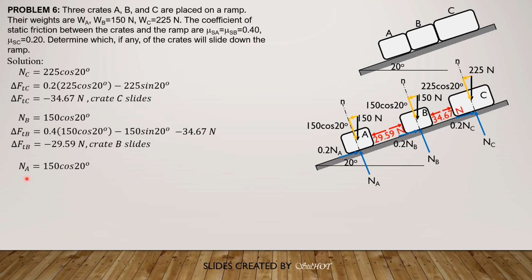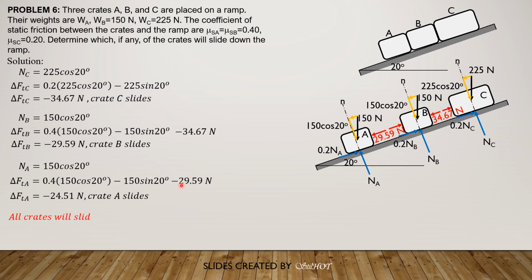So NA is 150 cosine 20, then delta FA is equal to 0.4 of NA, 150 cosine 20, minus 150 sine of 20, then minus 29.59. So delta FT sub A is again negative 24.51 newtons, which means that crate A will slide also. So to the question, determine which, if any, of the crates will slide down the ramp, our answer is all crates will slide down the ramp.